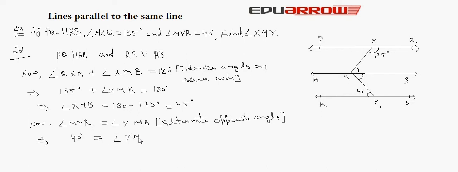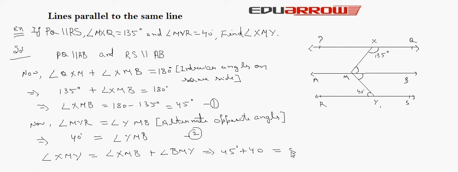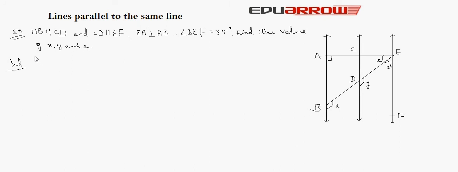So angle MYR is equal to 40 degrees given, is equal to angle YMB. Now by adding first and second we get angle XMY is equal to angle XMB plus angle BMY, that is equal to 45 degrees plus 40 degrees is equal to 85 degrees.